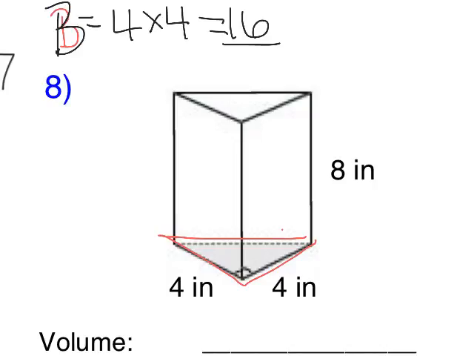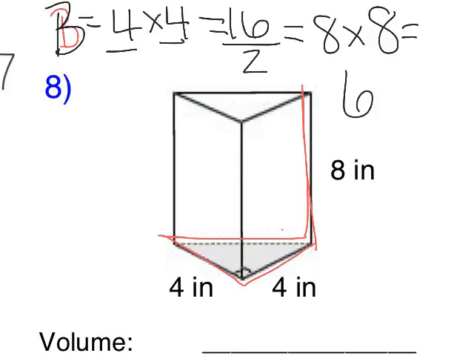So when we're using a triangle, it's base times height divided by 2. So 16 divided by 2 equals 8. And then, in order to find the volume, we need to add in that third dimension, which is our prism height. So we get 8 times 8, and that equals 64. So we get 64 inches cubed for our volume of that right triangular prism.